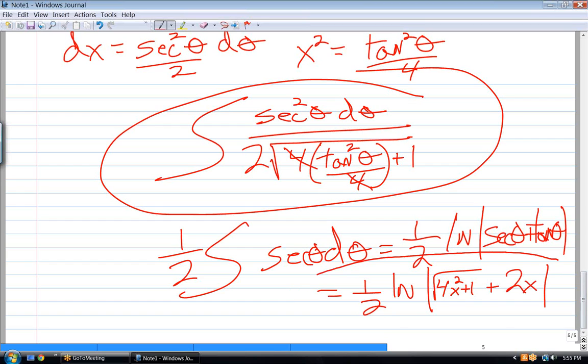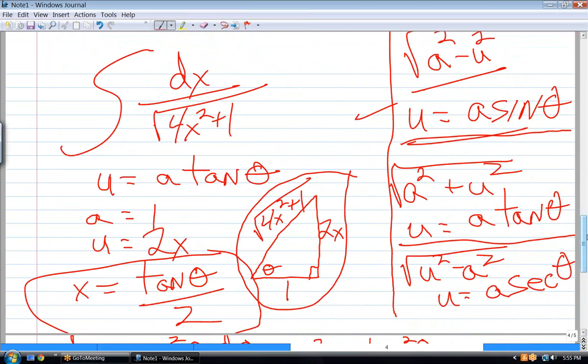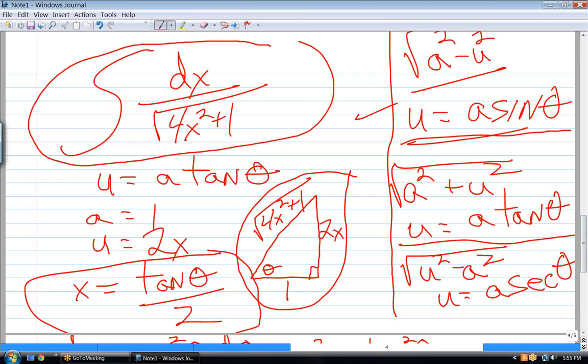So there is my answer to the original problem in polynomial form. And I had absolutely no way of doing this by any method other than trig substitution. Trying to solve that as a polynomial, I don't know how to do it. I don't know if there's a way or not, but I know how to do it using trig substitution.